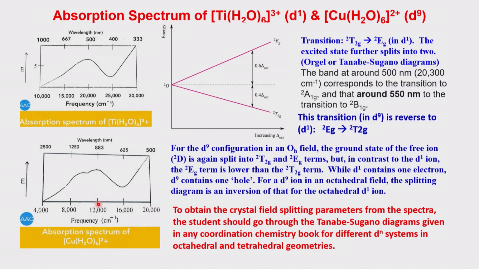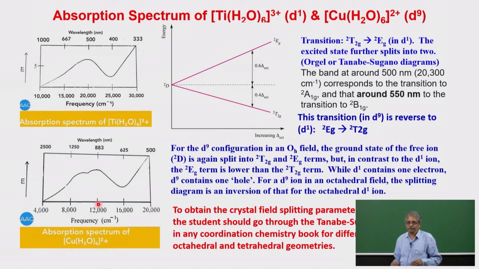Now how does one explain this? If you look at the Tanabe-Sugano diagrams, where you can build these energy levels using the term symbols, it is a D term, 2D term. The 2D term in an octahedral field will split into two energy levels, which are the T2g and Eg. In the octahedral field, the T2g will lie at the lower energy and the Eg at the higher energy.